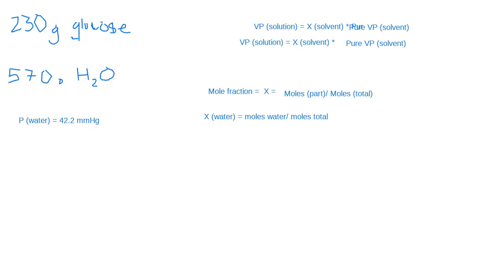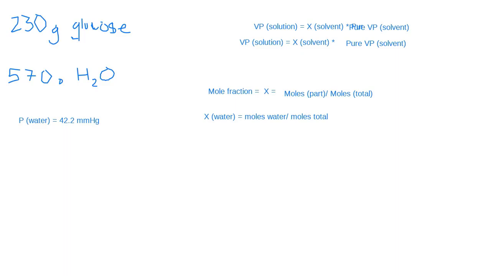So how do we find moles of water? We have 570 grams of water, and we want to divide that by the molar mass of water, which is 18 grams per mole.